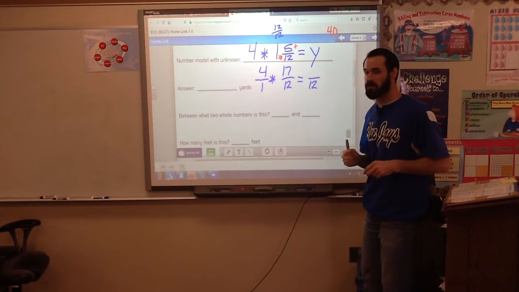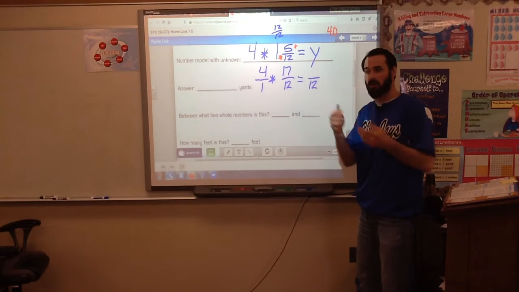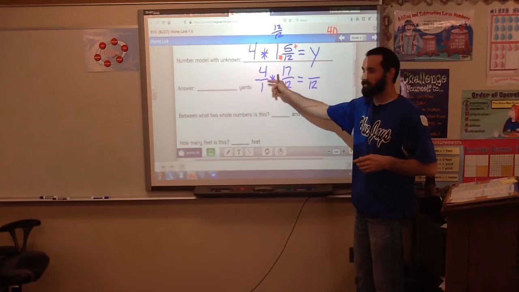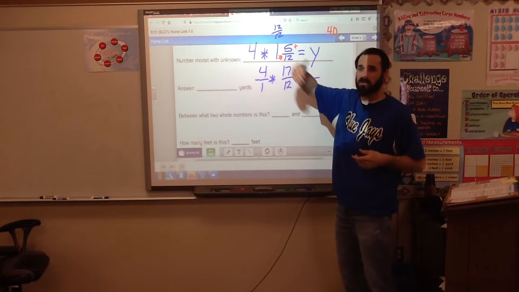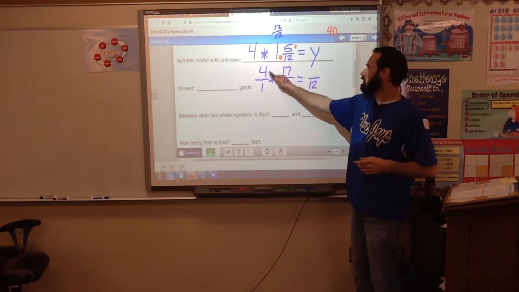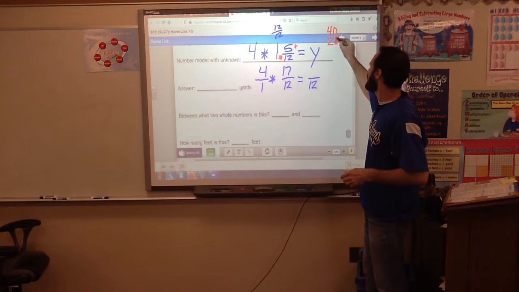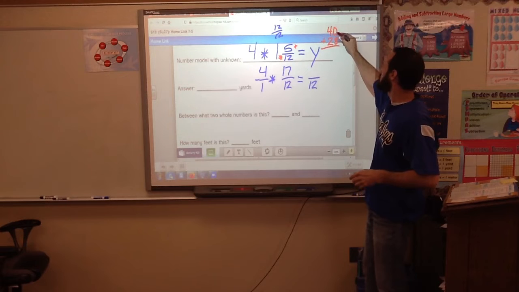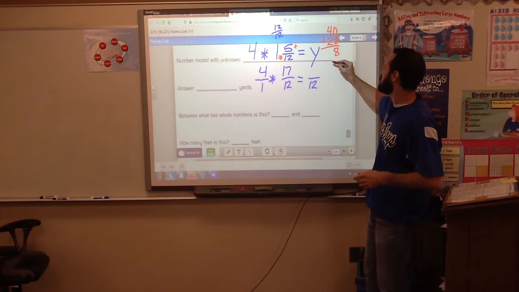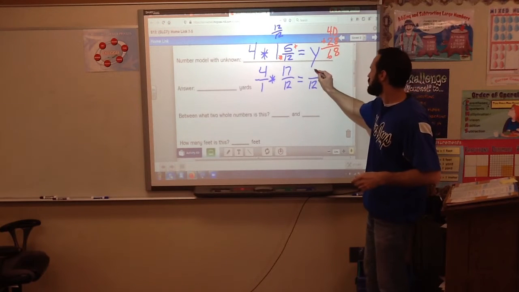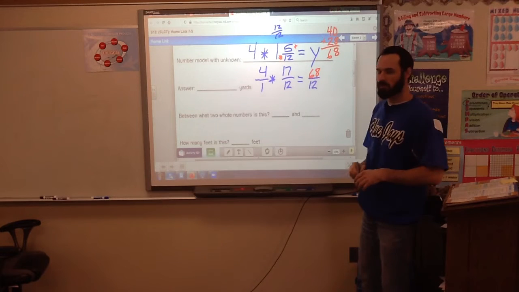If you can't do 4 times 7, do 2 times 7 and double it. Because 2 is half of 4, so 2 times 7, then you'd have to double it to make it 4 times 7. 2 times 7 is 14. Double that is 28. Now you have to add that. 0 and 8 is 8, 4 and 2 is 6, so this ends up being 68/12.